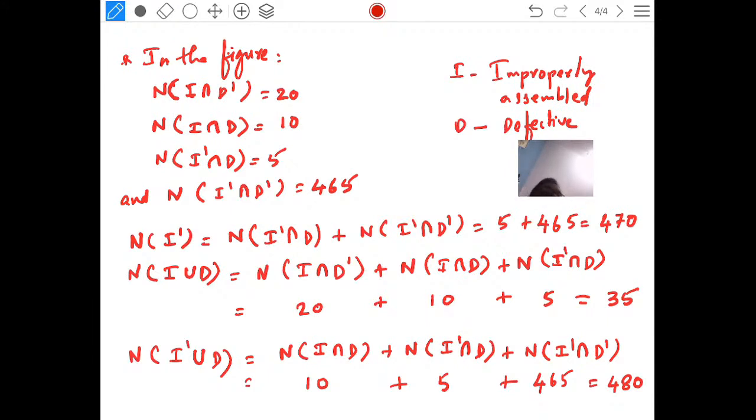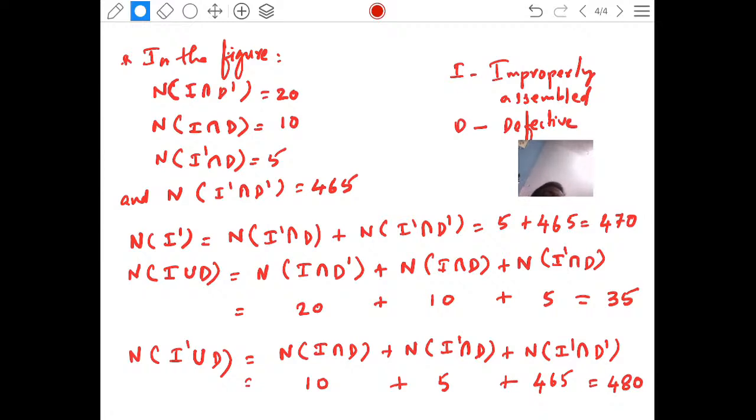So here n of I complement union D shows the number of machine parts which are properly assembled and which are defective. So it may contain the number of machine parts which are properly assembled, the number of machine parts which are defective, and the number of machine parts which are both properly assembled and defective.